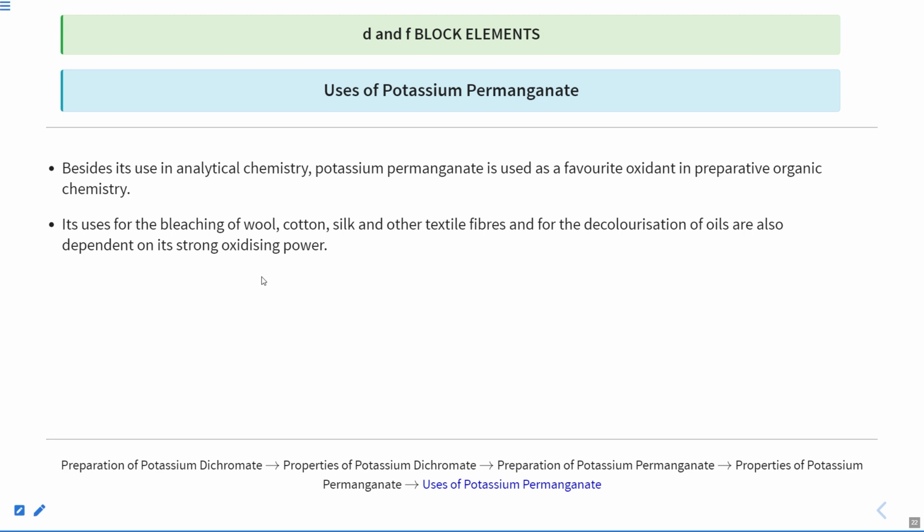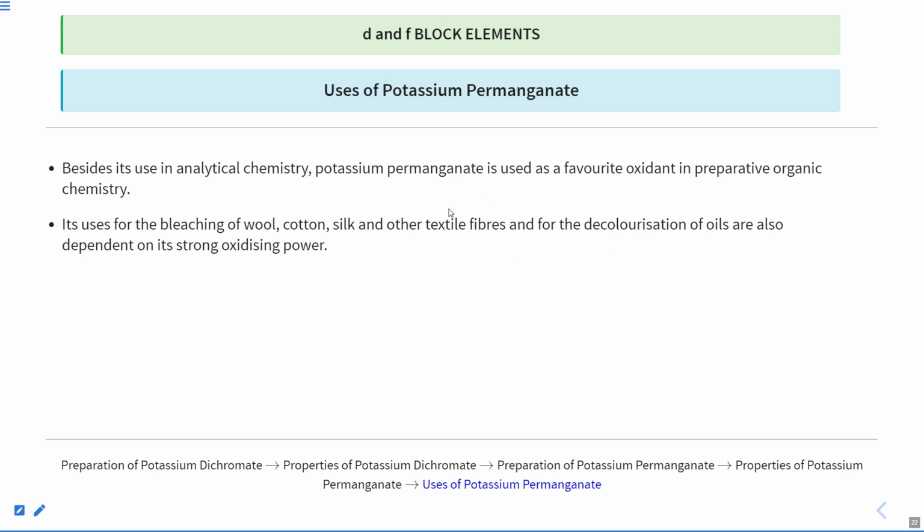Now, besides its use in analytical chemistry, potassium permanganate is used as a favorite oxidizing agent in preparative organic chemistry. It is used for bleaching of wool, cotton, and other textile fiber, and for the decolorization of oils also.